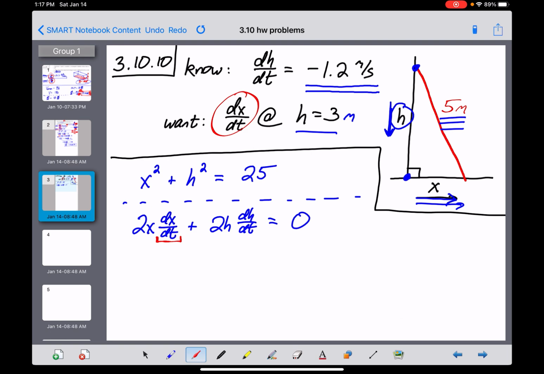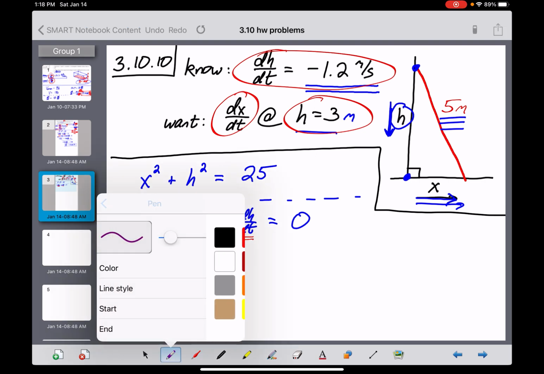This is the unknown. That means we better know the value of x, the value of h, and the value of dh/dt at the moment in question. They gave us dh/dt, and they told us what h is at the moment. The hard part is going to be coming up with this x, but I'm hoping you recognized what was happening here pretty quickly.